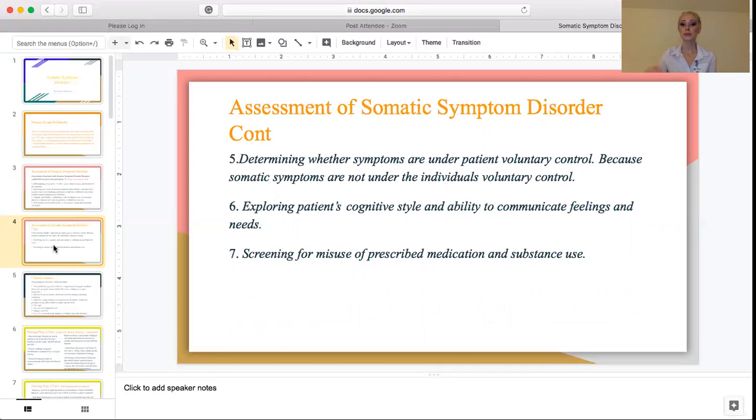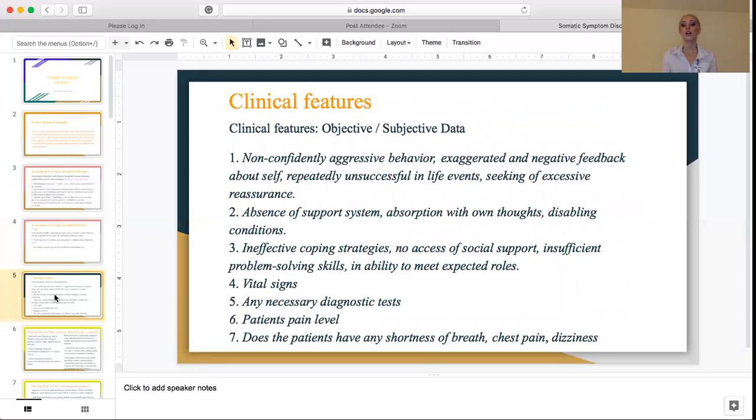Exploring the patient's cognitive style and ability to communicate feelings and needs is very important. Clinical features will show the symptoms, either as objective or subjective data. Subjective data is the patient's concerns, and objective data is what we nurses measure, or the labs, or any observation that we find.